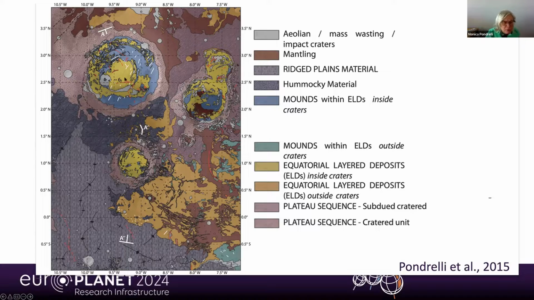Just to mention something, the sulfate-bearing deposits, we were focusing on the one inside the crater, but they are actually also present outside of the crater with different morphologies, even different sedimentary structures, because here there are evidences of aeolian cross-bedding of aeolian origin that we do not have.